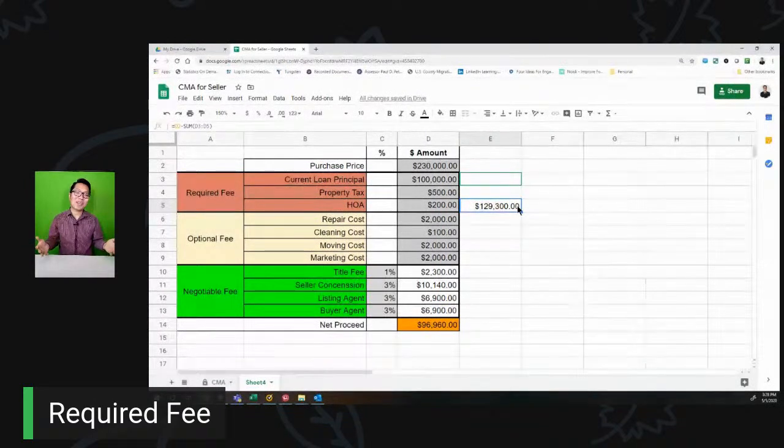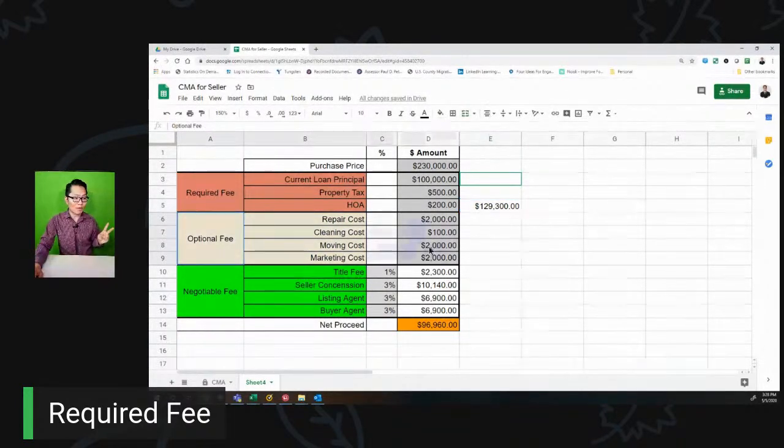So you already don't have 230. Someone else purchased your house at 230, and you actually don't have 230 anymore. Those are the required fees. You cannot do anything other than paying them off.